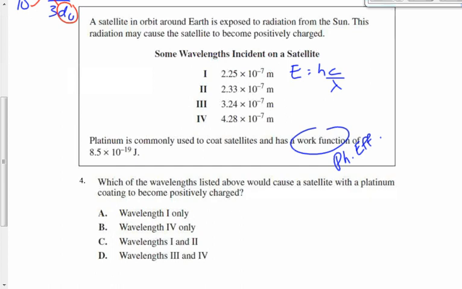The surface stays where it was, and it doesn't become positive. When you do that math, you find that numbers 1 and 2 are both above the work function. The energies are both above the work function. Therefore, they will both cause electrons to be ejected. Therefore, they will both cause this surface to become positively charged.